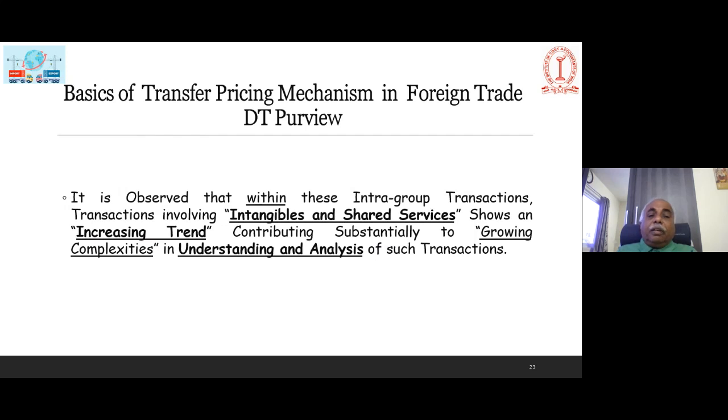It is observed that intra-group transactions include intangibles and shared services also. The parent company shares services with associates or subsidiaries, showing an increasing trend and contributing to substantial growing complexities in understanding and analysis.